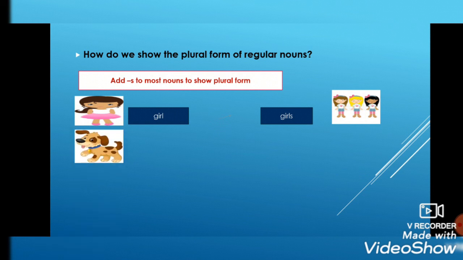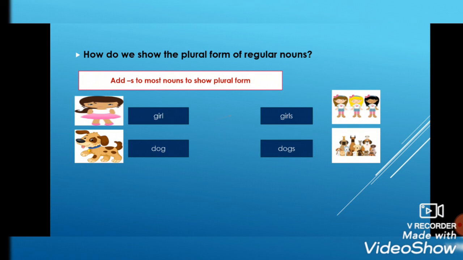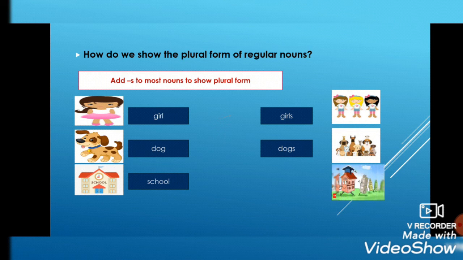In the second picture, we can see a dog. So dog is a singular noun, and to change it into plural, we add s. So dogs is a plural noun. In the third picture, we can see a school. So to change it into plural, we add only s.